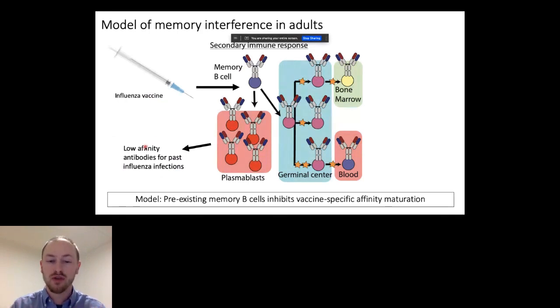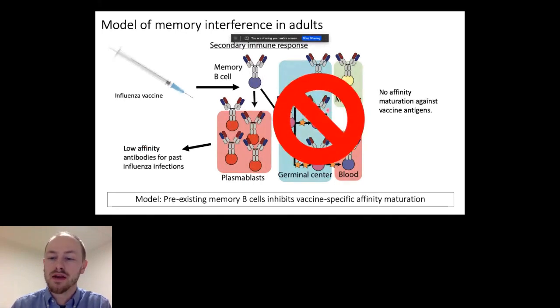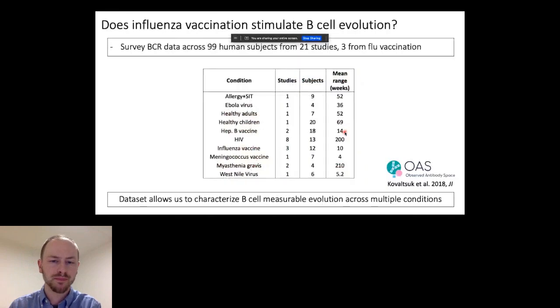We're just re-stimulating past memory. And that this process inhibits affinity maturation against vaccine antigens. So basically, our pre-existing memory interferes with our ability to mount new, more effective antibody responses.